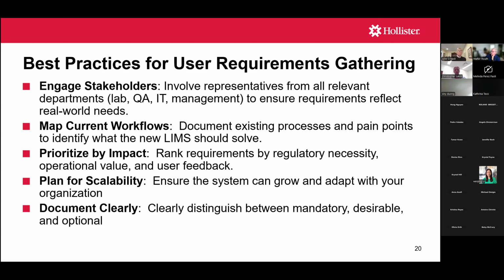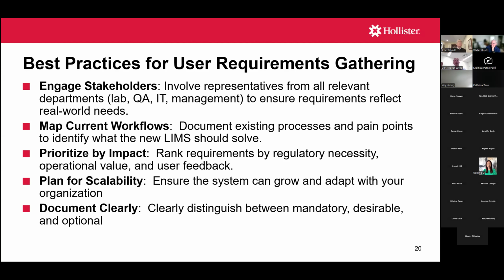So it's relatively small scale. In some organizations, you may implement a LIMS at one location, but you have plans in the future to scale to other locations, add additional users, that type of thing. So you need to take that into consideration.